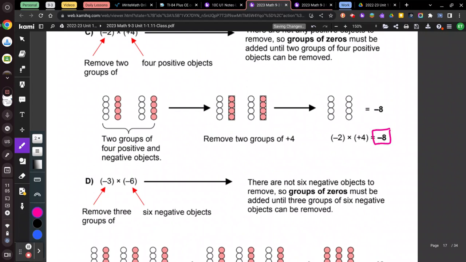We got a negative answer. So anytime you multiply numbers that are different signs, so a positive and a negative, will always multiply or divide to give you a negative. If the signs are identical, they will always multiply to give you a positive.